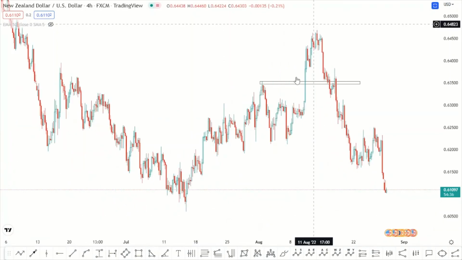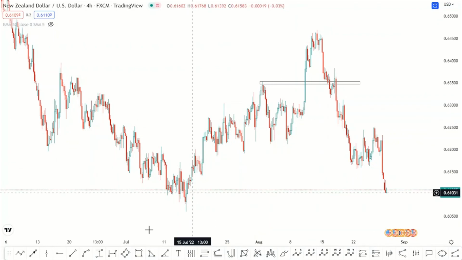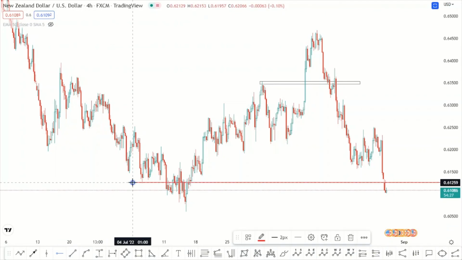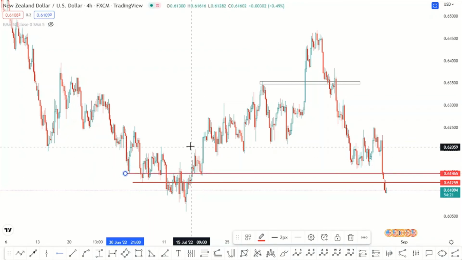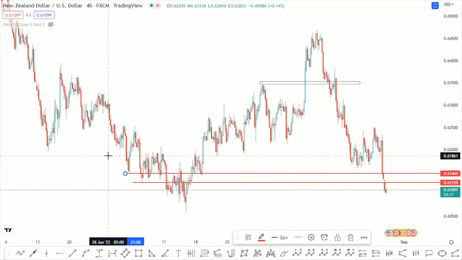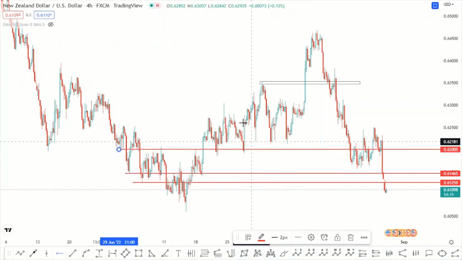But if you're trying to catch this bullish trend over here, you would have taken this, right? At first it was this one, but we couldn't come back to it, and then this one. So you came back to this one, so you bought over here, and then this one, right?